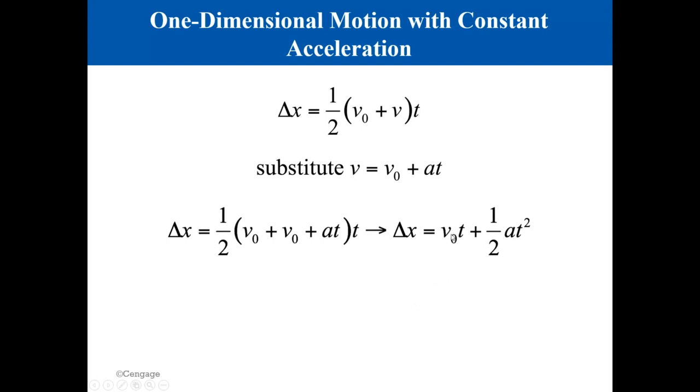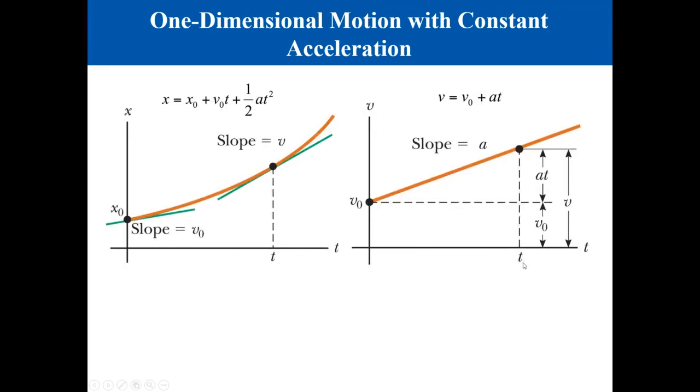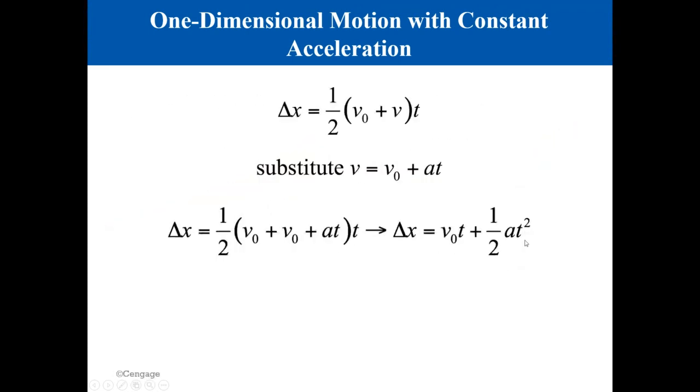So you end up with v naught t. 2 cancels with 2. And then you have at multiplied by t, so it is at squared. And you have 1/2 here. So you end up with x equals v naught t plus 1/2 at squared. This is the third kinematic equation.